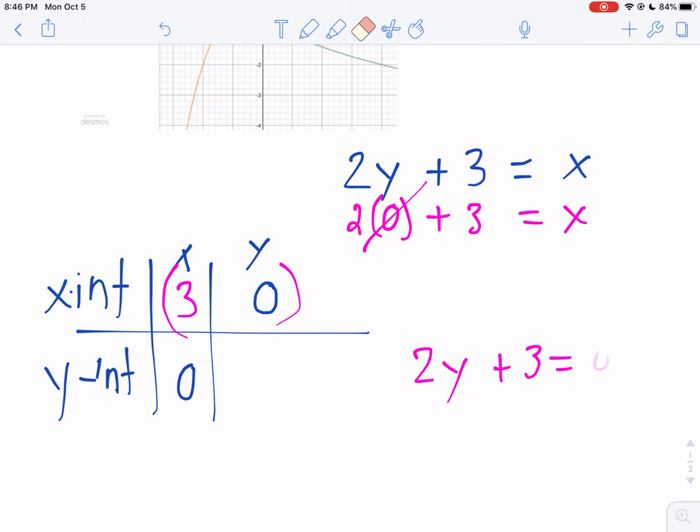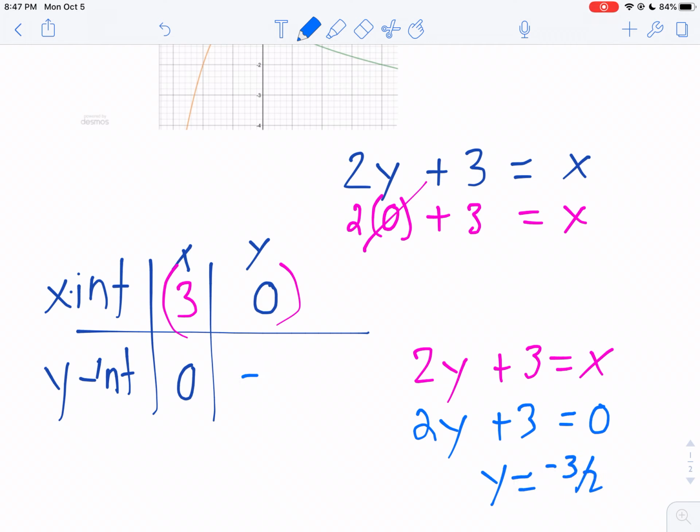So I'm going to replace my x with 0, and then I need to solve this equation. Okay, so my y is going to be negative 3 over 2. Once we have those 2 points, you can graph them, and that gives you the graph of the line 2y plus 3 equals x.